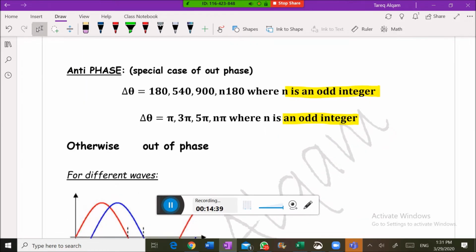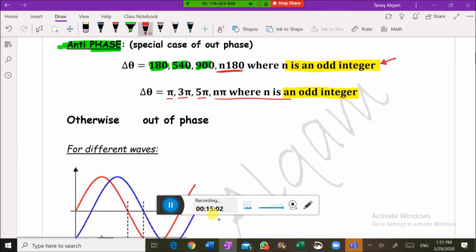Anti-phase: if the phase difference between them is 180 or 540 or 900, the general rule is n times 180 where n should be odd, or pi, 3 pi, 5 pi, where n is odd. Otherwise, it will be out of phase. Let me explain that for you.